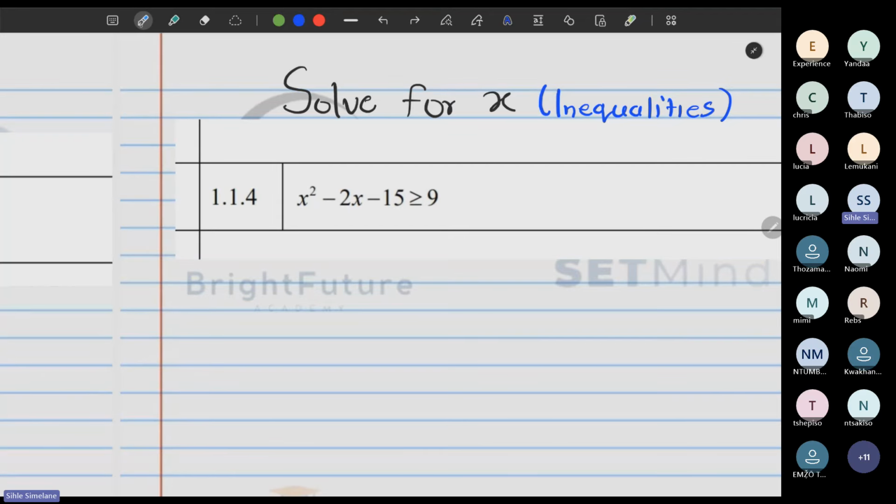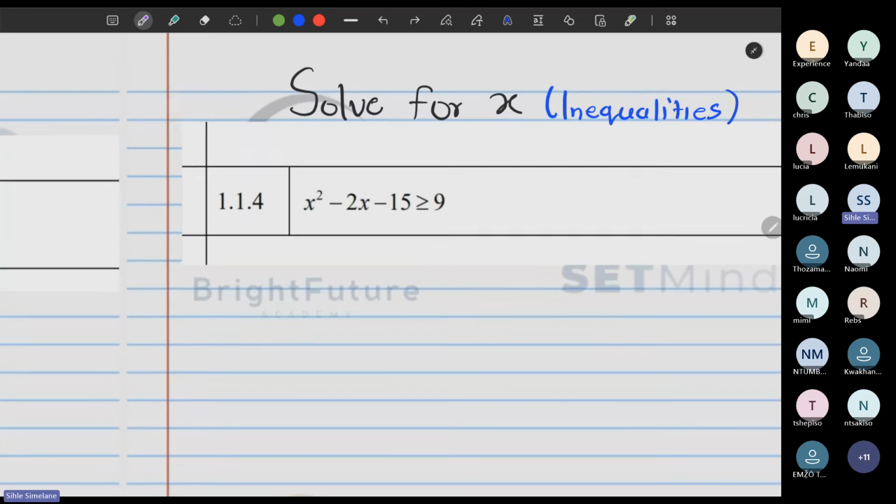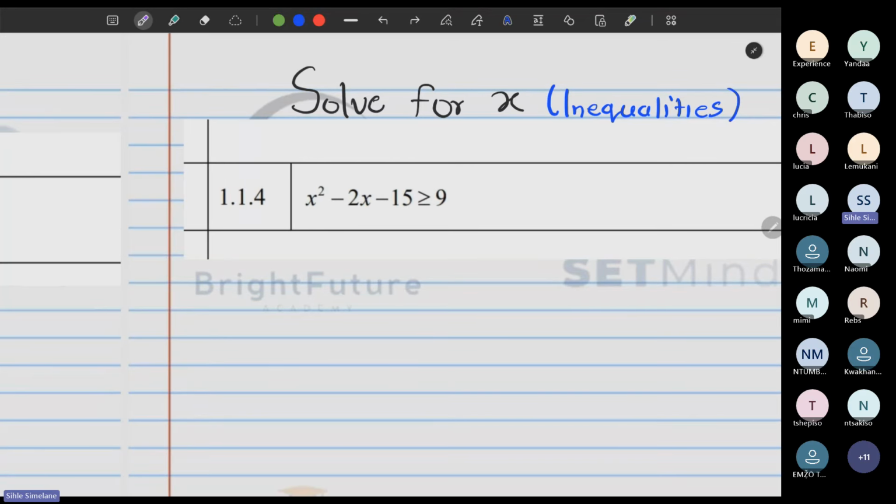Whenever you are dealing with inequalities, guys, I need you to note what is happening here. The first thing I advise you to do is to solve for x. And these x values, we call them critical values.